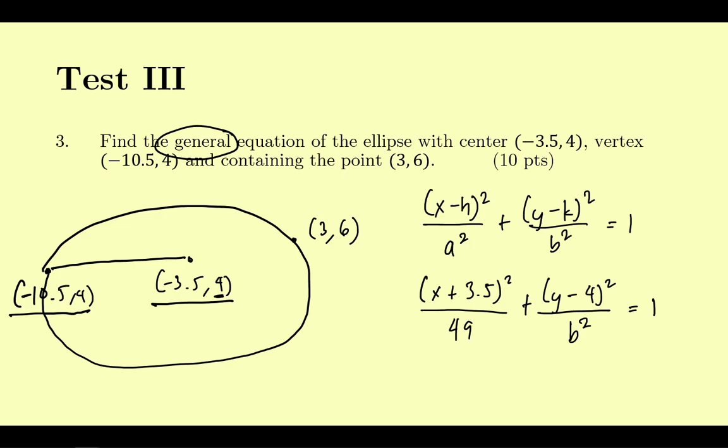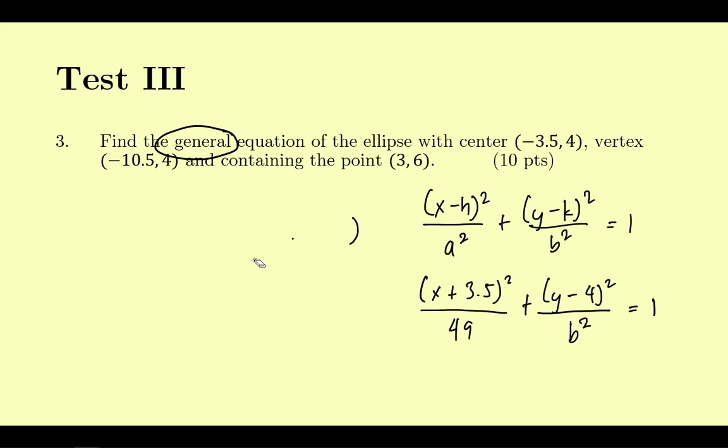Now, how do we find the value of b squared? We have discussed this before, wherein we will substitute the value of 3 and 6 doon kay x and y sa equation. Since it is on the ellipse, that means it will be equal to 1 if you will substitute those values. You can find the value of b in that case.